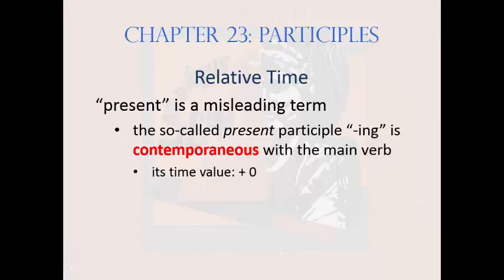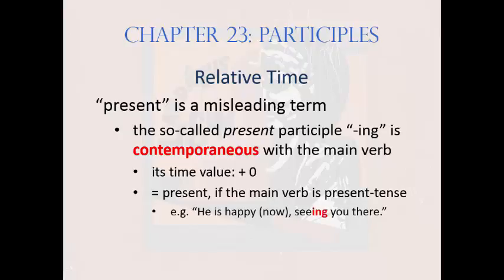To put it another way, their time value is +0, which will be present tense if the main verb is present tense. For instance, he is happy now, seeing you there. That is, he's seeing you right at this moment, and because of that, he's happy now. Both the main verb and the participle are present tense. But make the main verb past, and it drags the participle into the past.